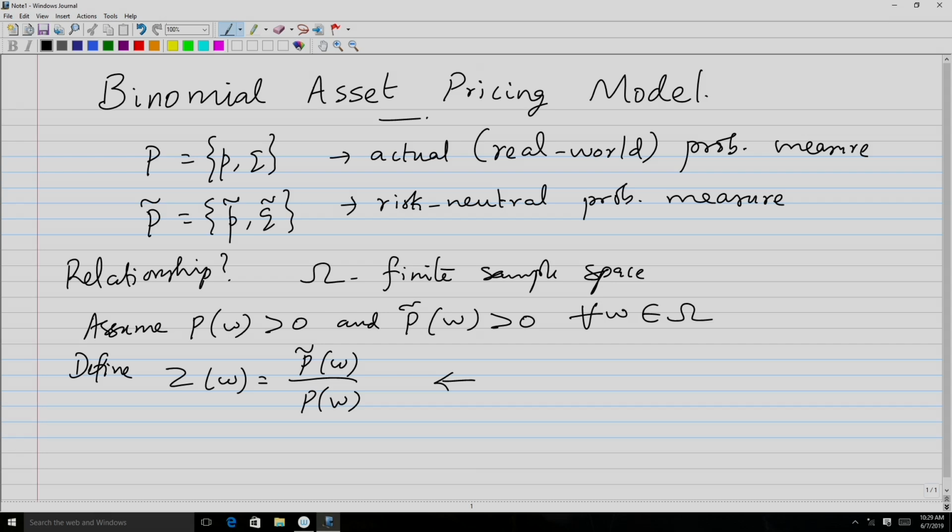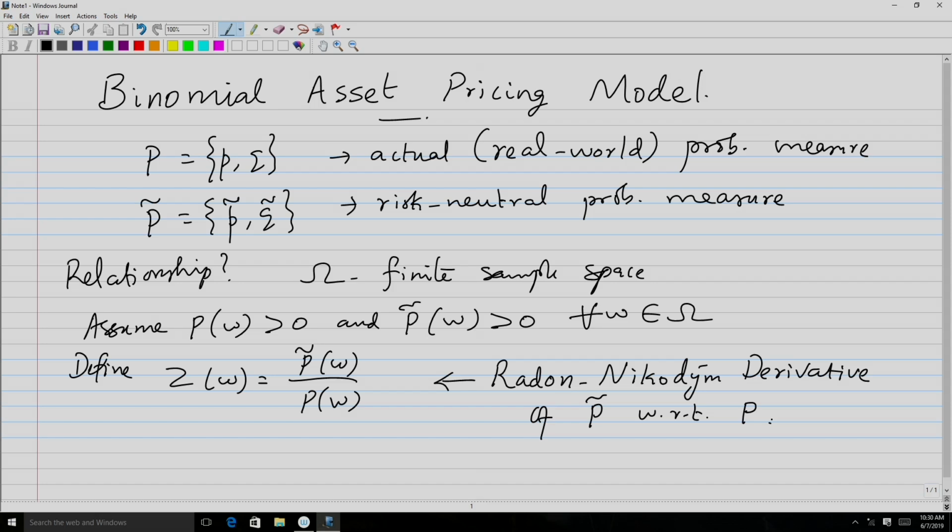There is a name for this quantity Z, and that is the Radon-Nikodym derivative, or simply from now onwards the RN derivative, of p tilde with respect to p.